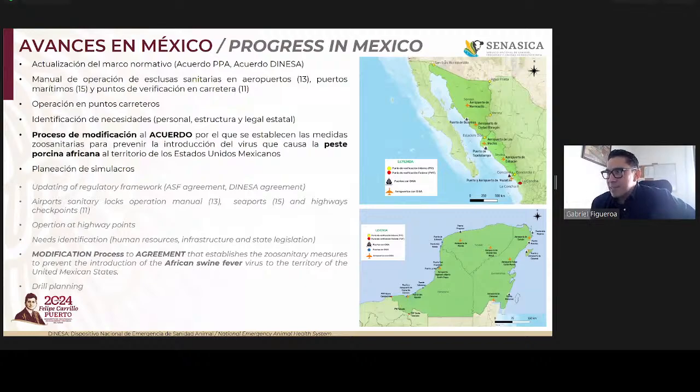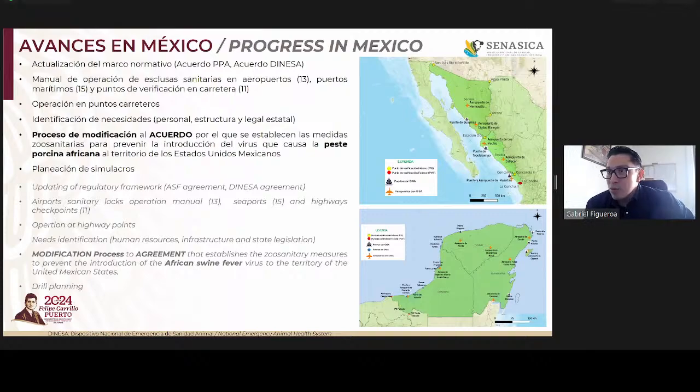And the exercise is currently being conducted for bird products, but with the canine binomials that have been trained, we will proceed to inspect swine.